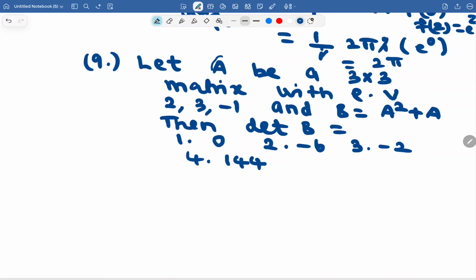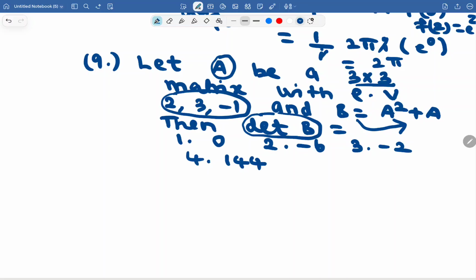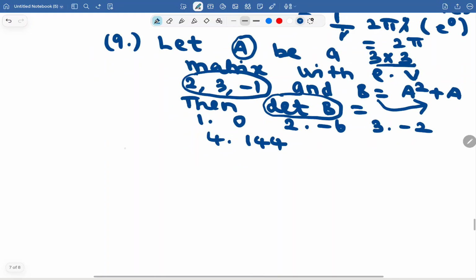Here matrix A is given as 3 cross 3, therefore there are 3 eigenvalues. First eigenvalue 2, second eigenvalue 3, third eigenvalue minus 1. And B is given as A square plus A. We have to find determinant of B. Solution.